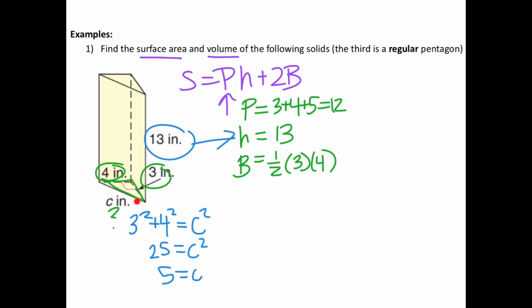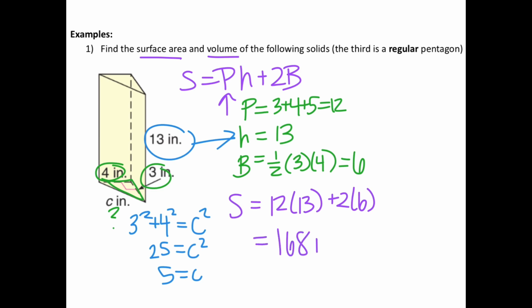Notice I don't use the 5 because the 5 is the hypotenuse of the right triangle, and what I really want to be looking at in a right triangle is the base and height using those legs. So base and height of that right triangle is the 3 and the 4, so that area is going to be 6. And so that allows me then for my surface area to be 12 times 13 plus 2 times 6. If you plug that into your calculator, it is 168 square inches for the surface area.